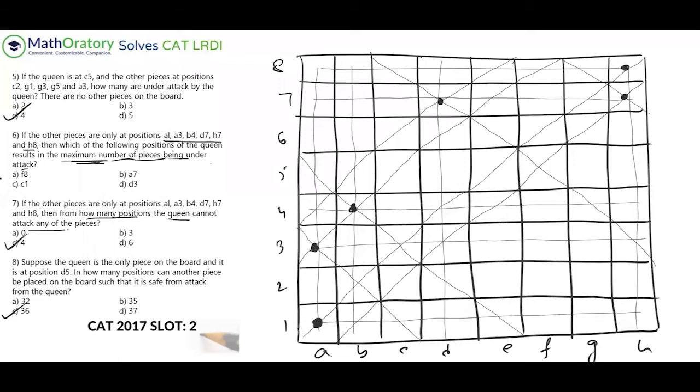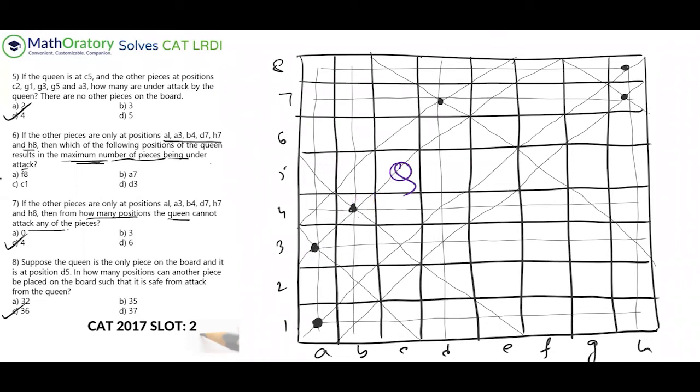Please understand that. Let me take an example. If you take this example, let me use a different color here. Suppose the queen is here, let me write this Q. Now you can see there's just one line passing through it, right? You might consider that there are 2 pieces on this diagonal, but if you remember that point, until something is blocking it, this piece is not under attack by the queen because this piece is blocking the attack, right?